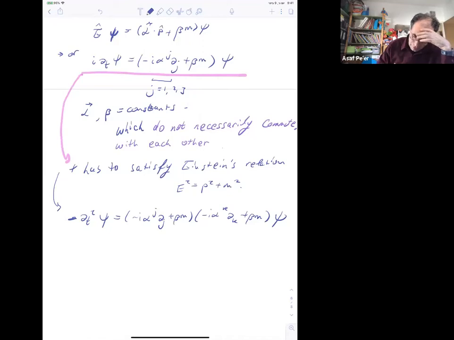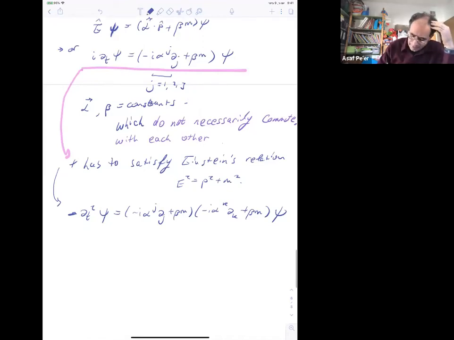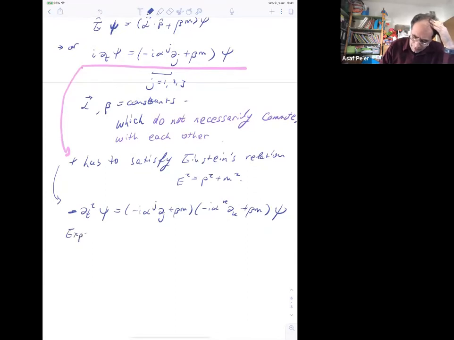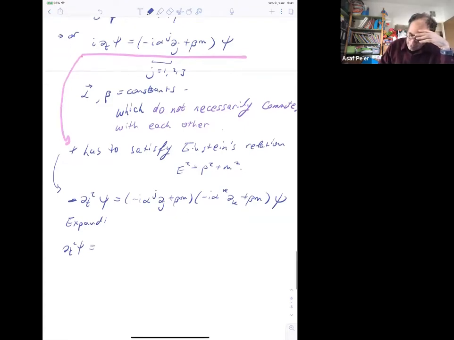Okay, I'm going to now multiply by minus 1 to avoid that, and let's simply expand. So dt squared of psi, now I multiply by minus 1.